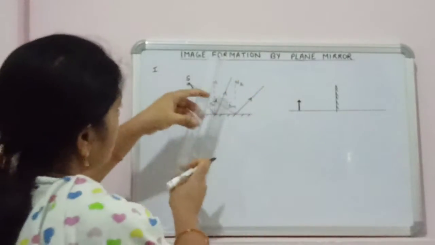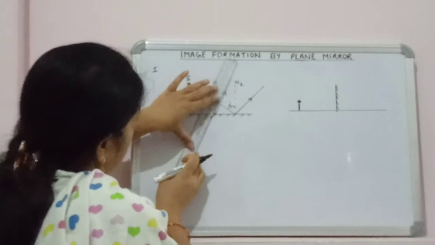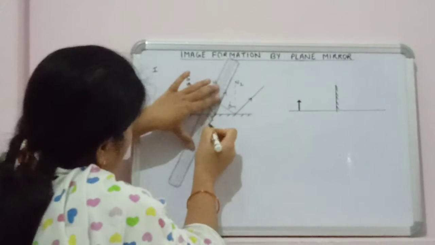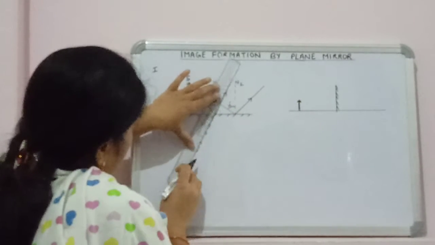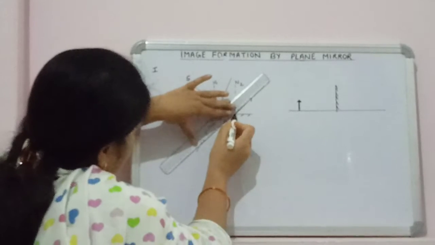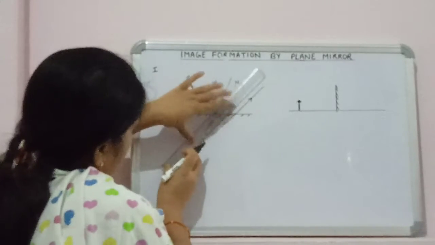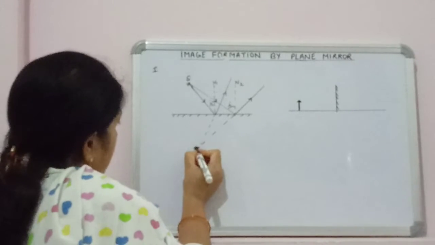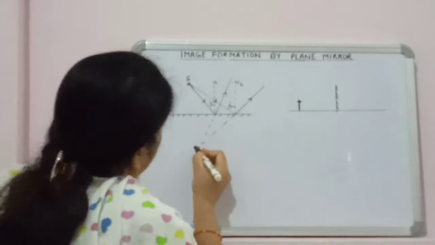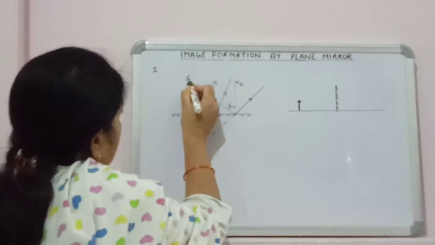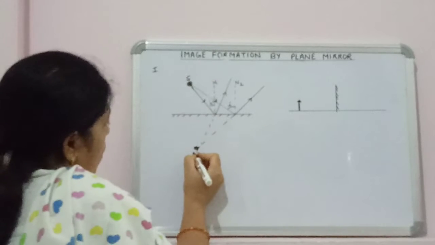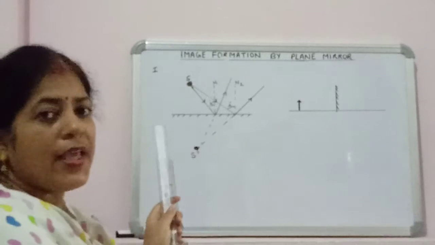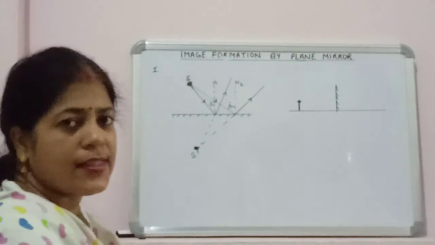But when they are extended behind the mirror, like this, they will seem to intersect at a point behind the mirror, and here we have the image of this point object. So this is S dash. S dash is the image of the object S.